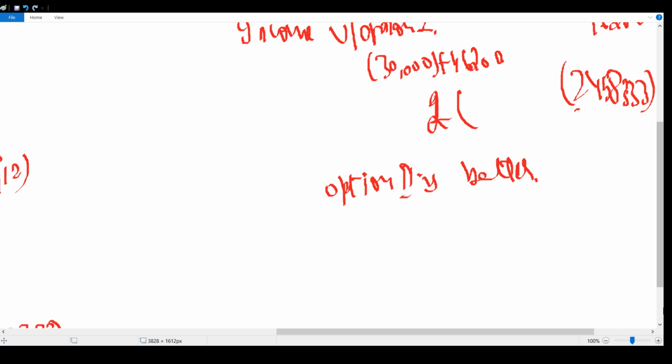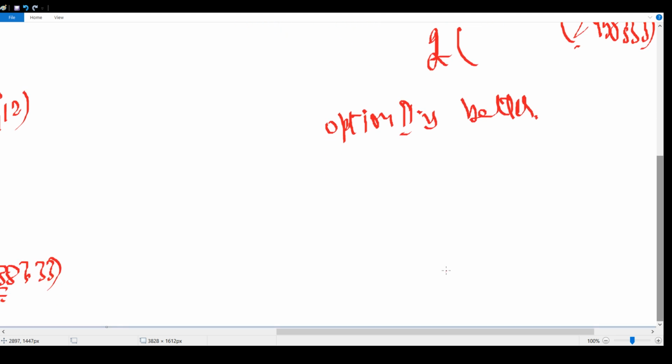Now we will calculate income from house property 3. Firstly, GAV.